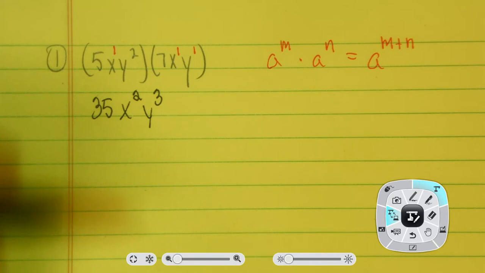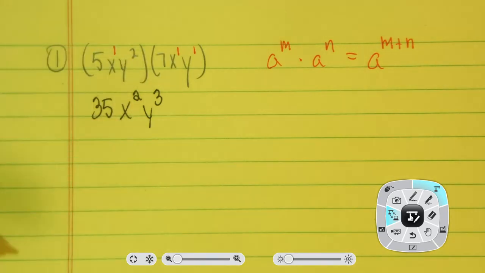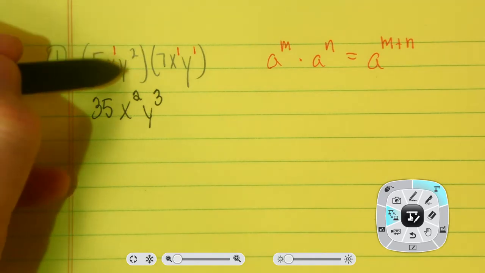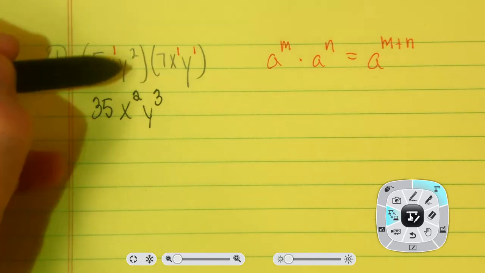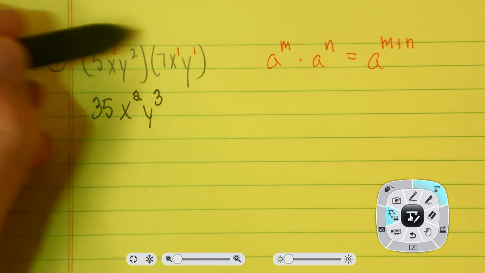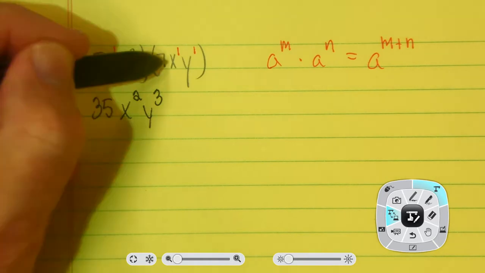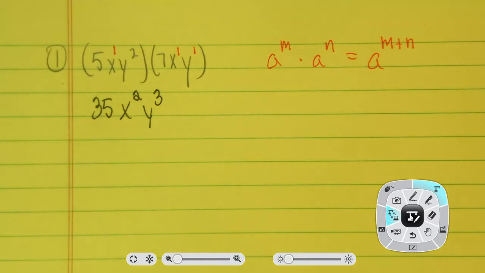All right, so I've taken care of everything. I can only multiply x's times other x's because their bases are the same, and y's times y's, their bases are the same. And I remember that the product rule means to just add the exponents. So 1 plus 1 is 2, 2 plus 1 is 3. 5 times 7 is 35. So I've got my product simplified.